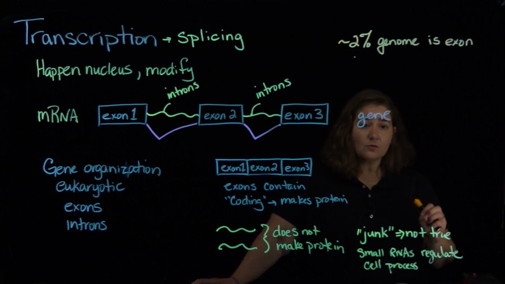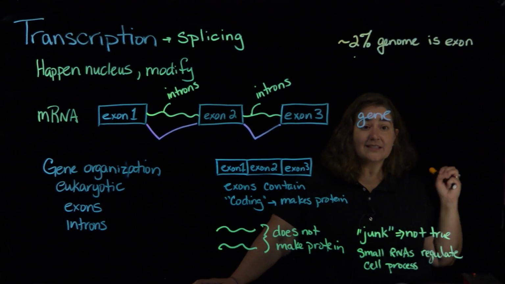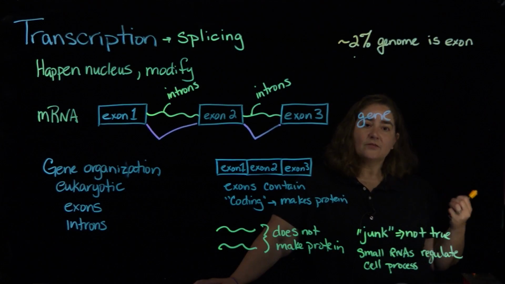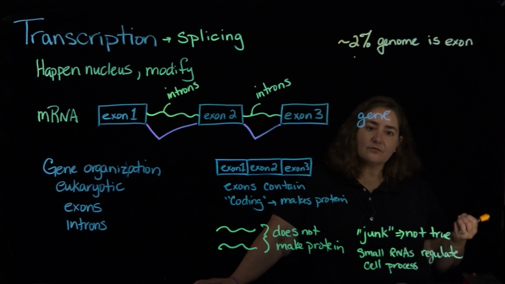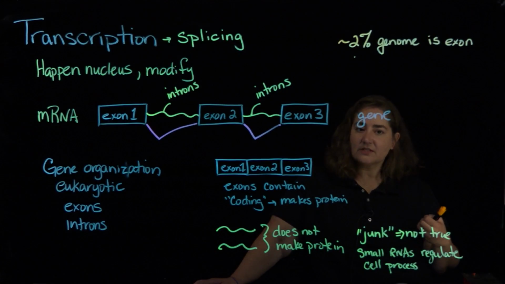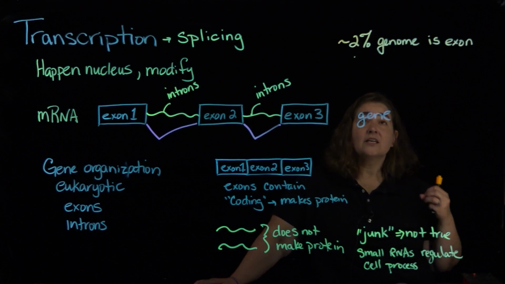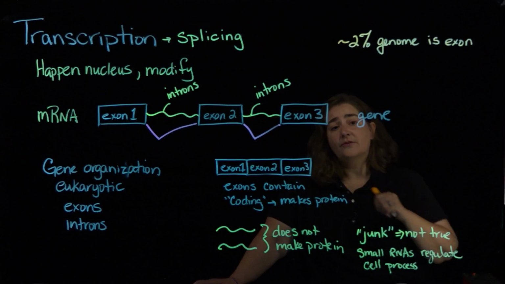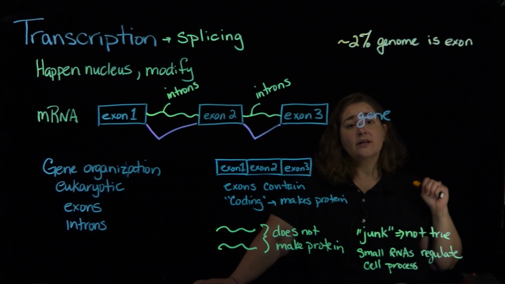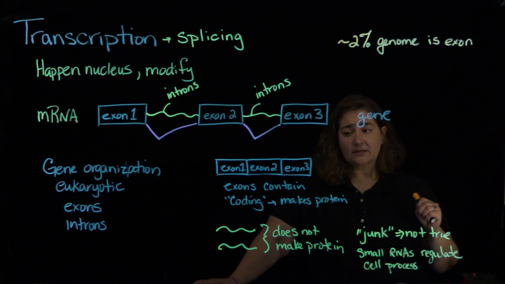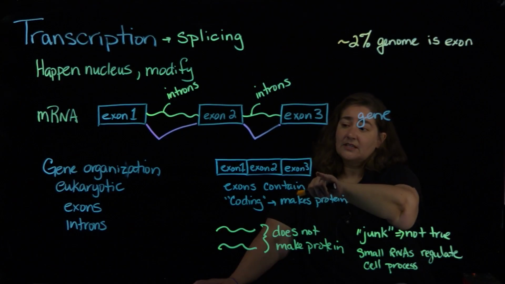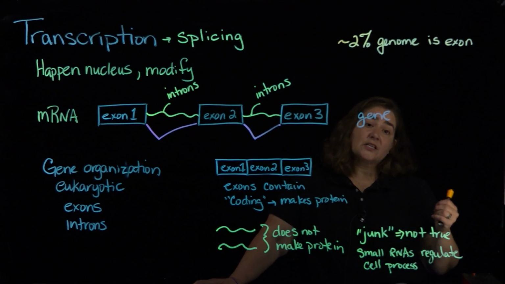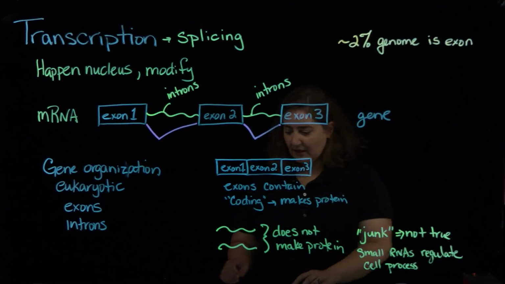And when I was in school, the way that was presented was the other 98% of your DNA is junk. And if you think about it, it's not very efficient to have 98% of something be junk, all right? So while it is only about 2% of your genetic material that will code for protein, and by protein I mean the exons here, the other 98% is not junk, okay?